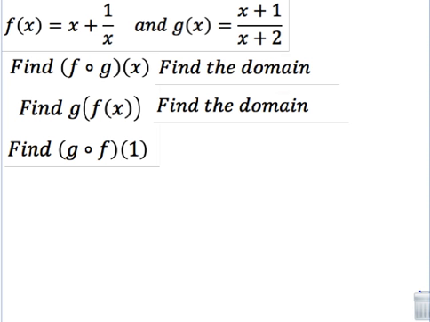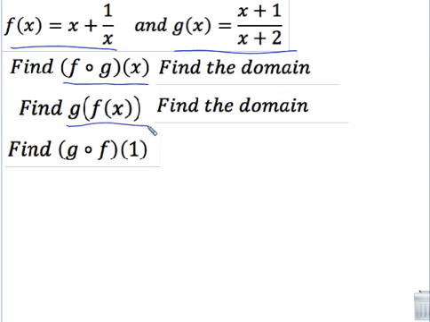So we have the formula f of x equals x plus 1 over x, and g of x is the fraction x plus 1 divided by x plus 2. We are going to find f of g of x. In other words, our g of x formula will go into the f of x formula, and then we'll find g of f of x.